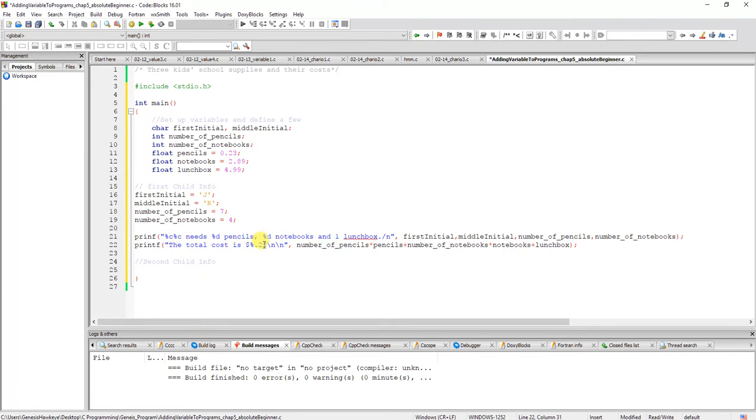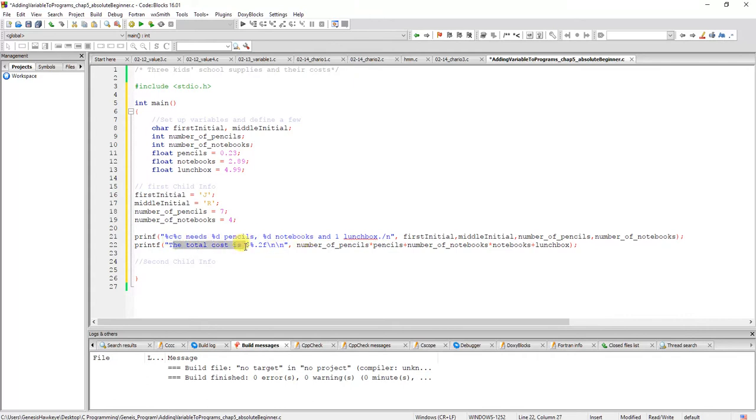We're locking in the amount of decimal places we want after the F, a floating point. So %F, as we know, is floating point, %D is integer, %C is character. Here, with %F, we only want 2 numbers after the decimal point. And we're going to give ourselves 2 spaces underneath the sentence.